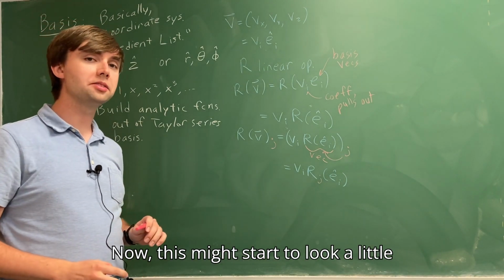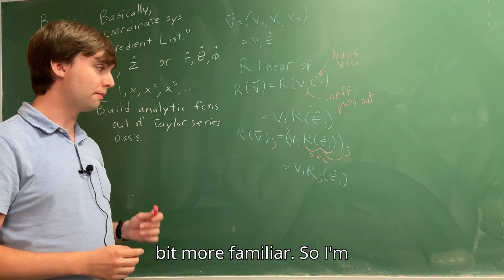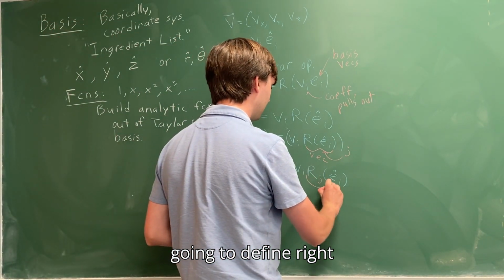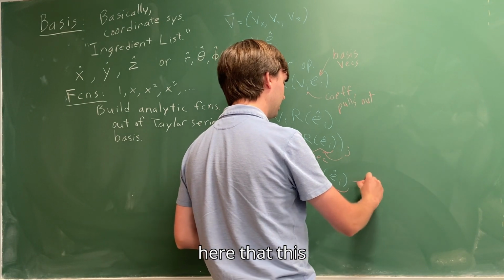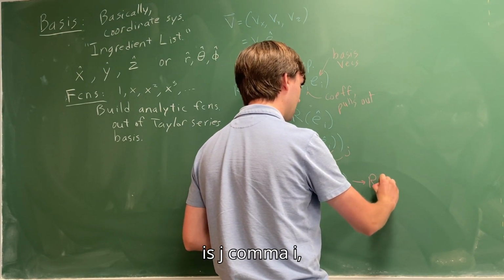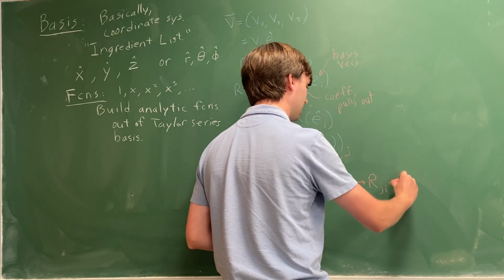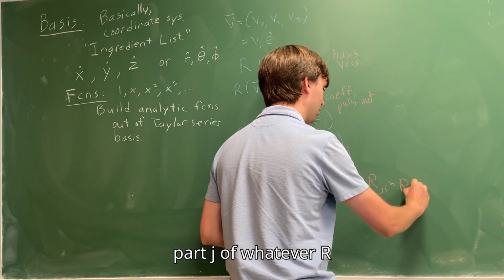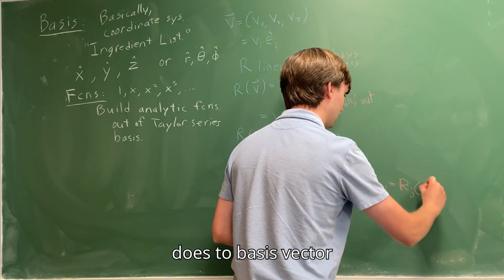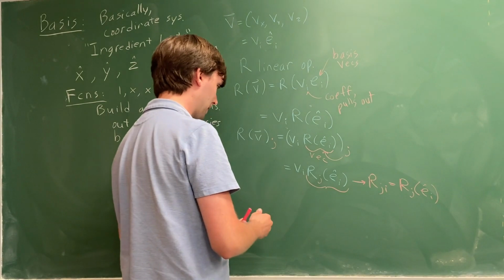Now, this might start to look a little bit more familiar. So I am going to define right here that this is R_ji, part j of whatever R does to basis vector number i.